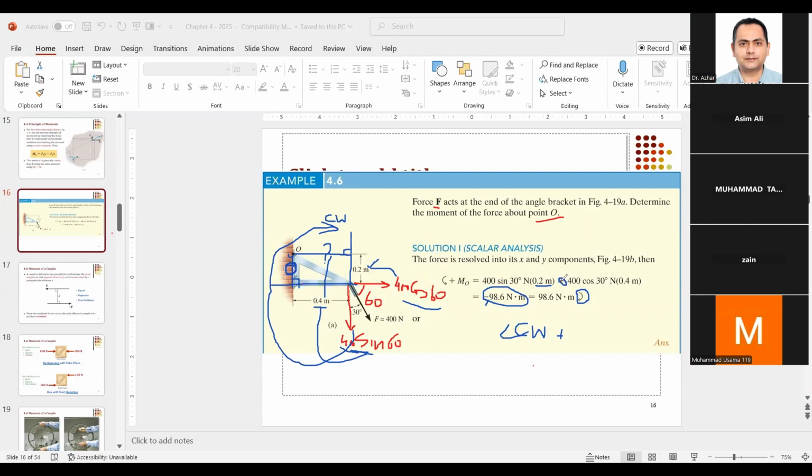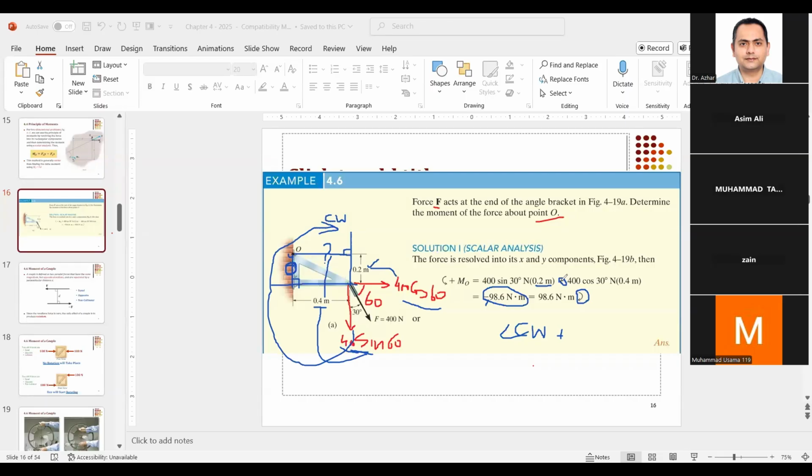So when you are calculating the moment, the sign depends on clockwise and counterclockwise. It does not depend upon downwards, leftwards, rightwards, upwards. That we use when we deal with the forces, calculate the resultant of the forces or apply the equations of equilibrium.